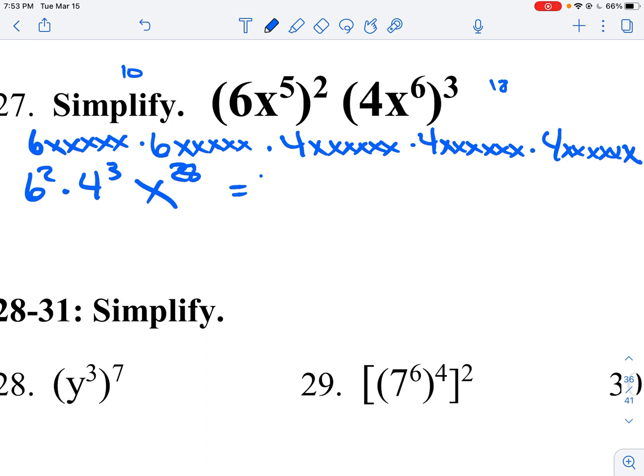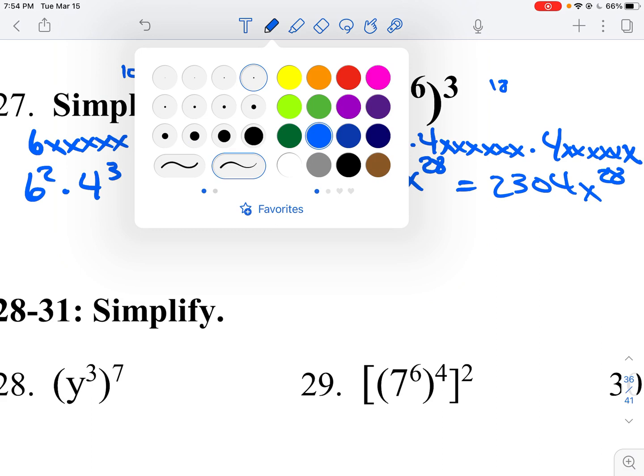So that'll get me 36 times 64, x to the 28th. So 36 times 64 will get me 2,304 x to the 28th.